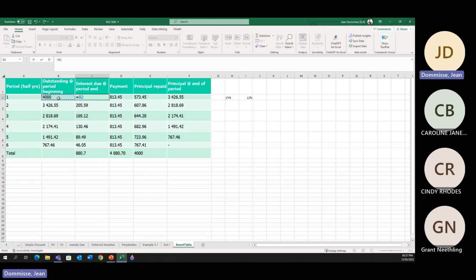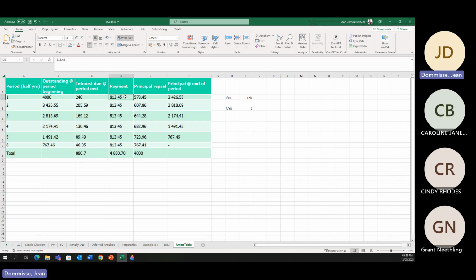That is 4,000 times your interest. What we add is payments per year, which is twice a year, so all that we do is divide by that. That would be your first period interest that we have calculated.